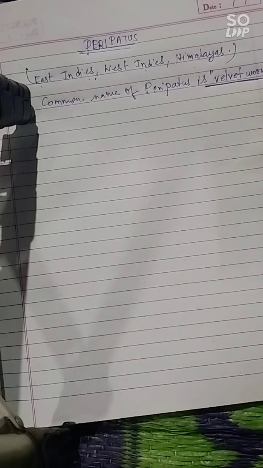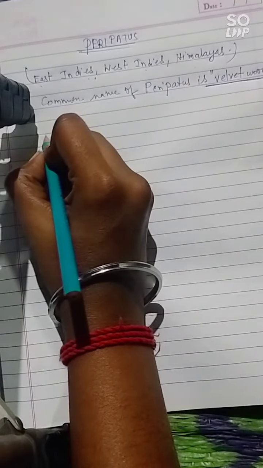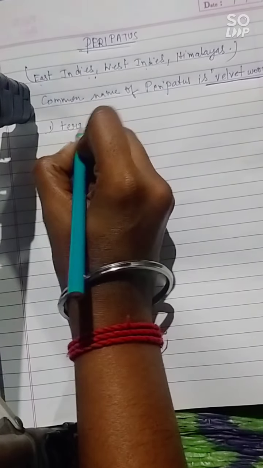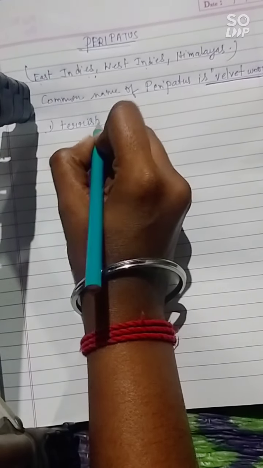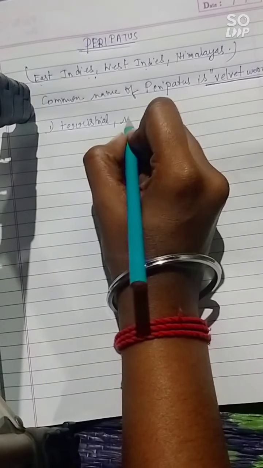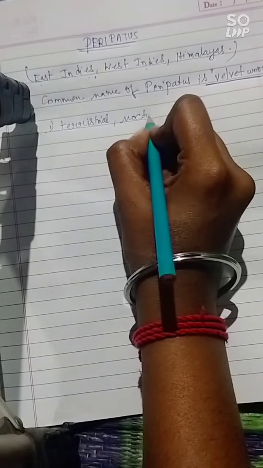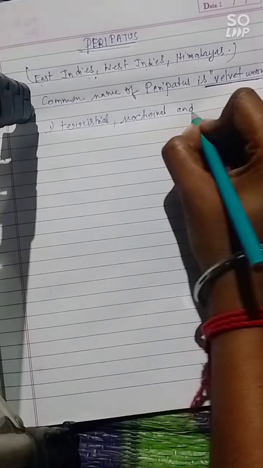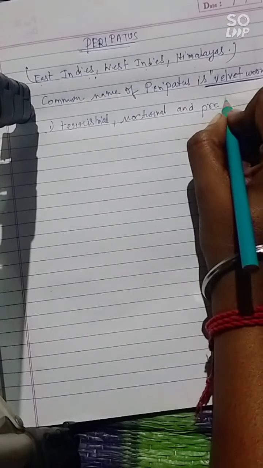Now habit and habitat. Peripatus is terrestrial, nocturnal, and a predaceous animal.